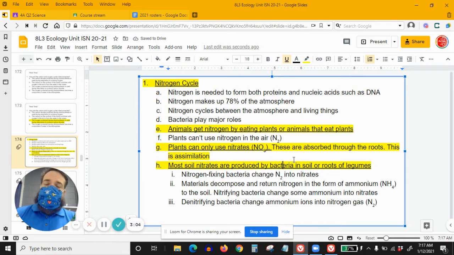So these bacteria either live in the soil or they live in tiny little nodes or bumps in the roots of legumes. And in those little nodes, the bacteria live and they fix nitrogen. Okay. So nitrogen fixing bacteria change the N2 in the atmosphere into usable nitrates that the plants can use.